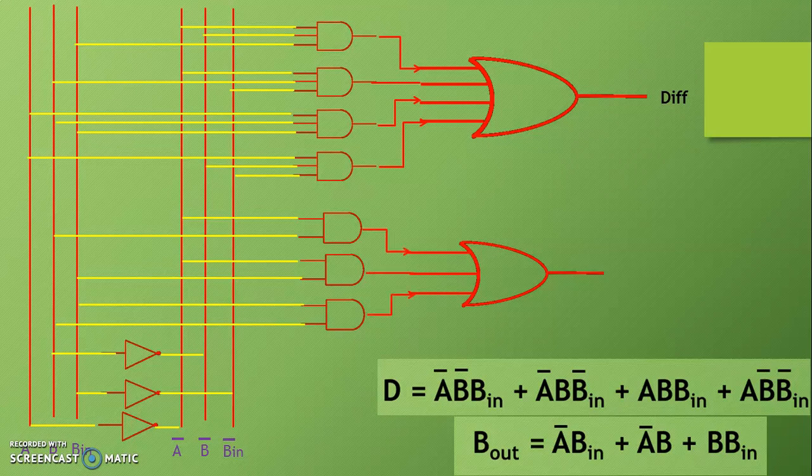Output of each AND gate we give as an input to the OR gate, and output of the OR gate is our final borrow. So we have 3 input terminals and 2 output terminals, that is difference D as well as borrow. So this way, with the help of basic gates, we can easily implement the logic circuit based on the Boolean function which we have derived from the K-map.